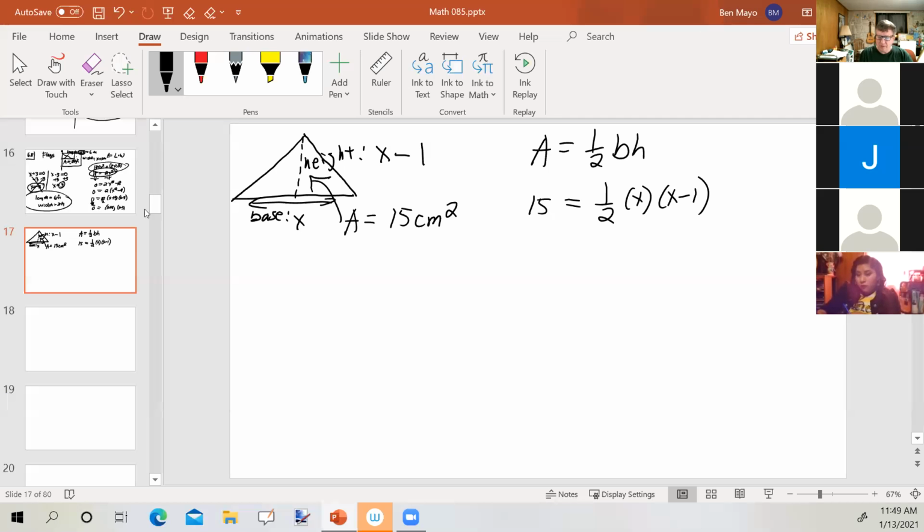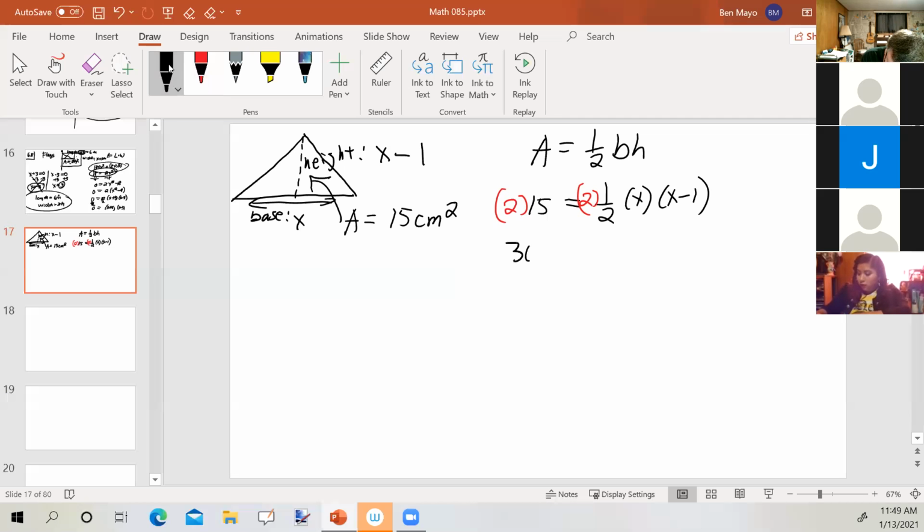That gives us that equation. I don't particularly want to distribute the 1/2 through everything, so I can clear the fractions by multiplying both sides of the equation by the least common denominator, which is 2.